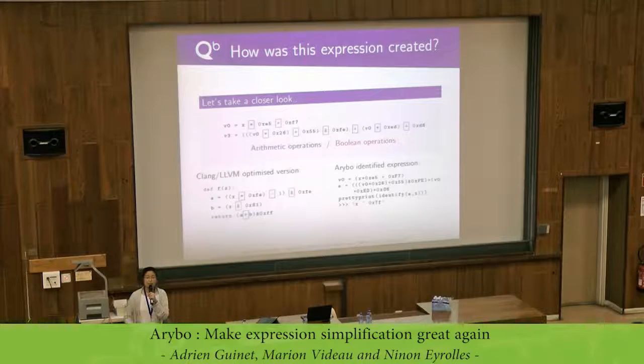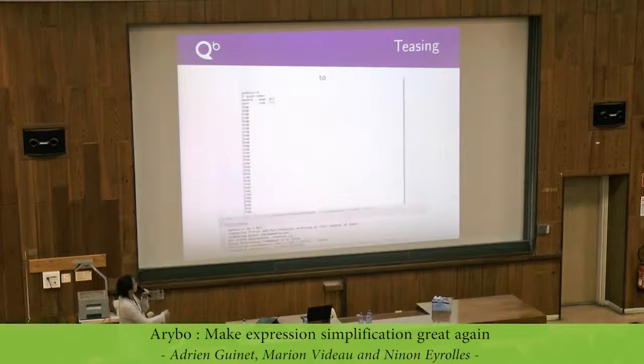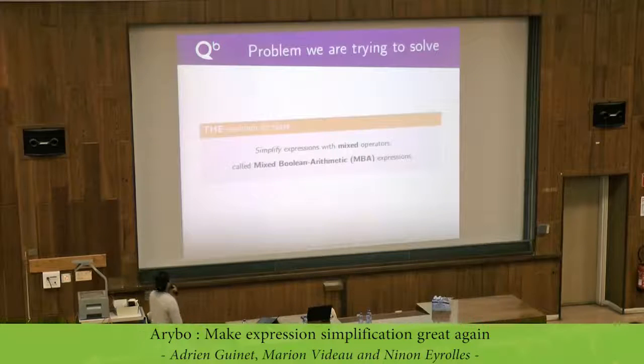So at the end, you should be able to get a XOR operation, and the compiler is not able to output that. So our talk is about how to get from this big thing to this small one. And we thought that it could interest a lot of reversers to get this type of simplification.